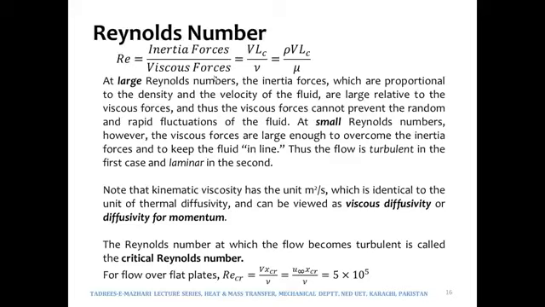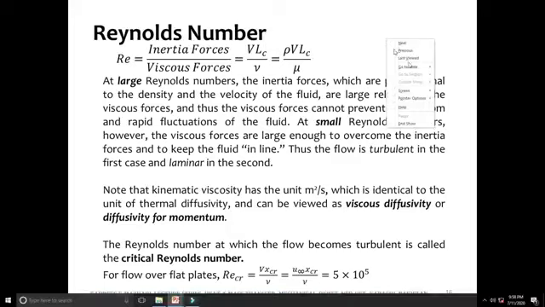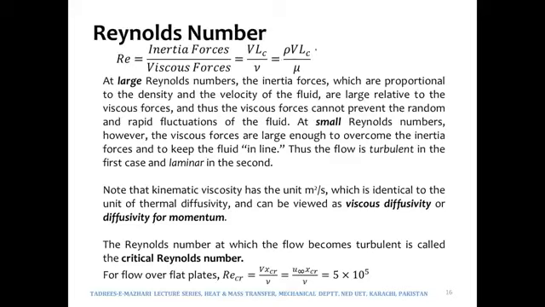The Reynolds number is a ratio of the inertia forces to viscous forces, and we write it as rho v L over mu or rho v d over mu. L or Lc represents the characteristic length, which in some cases would be found using volume over area or some other methods.